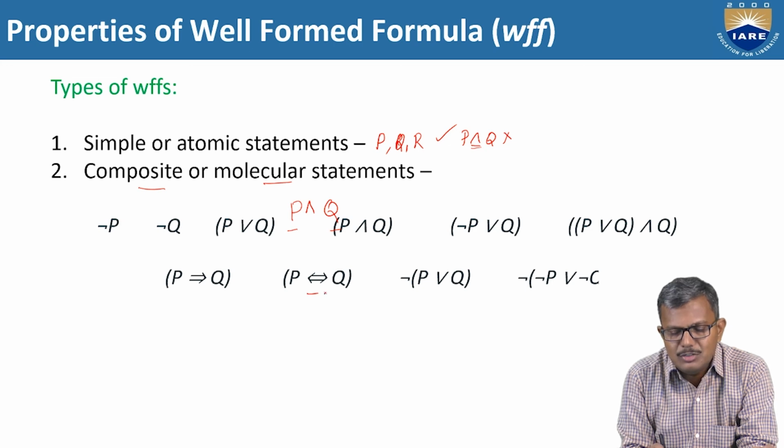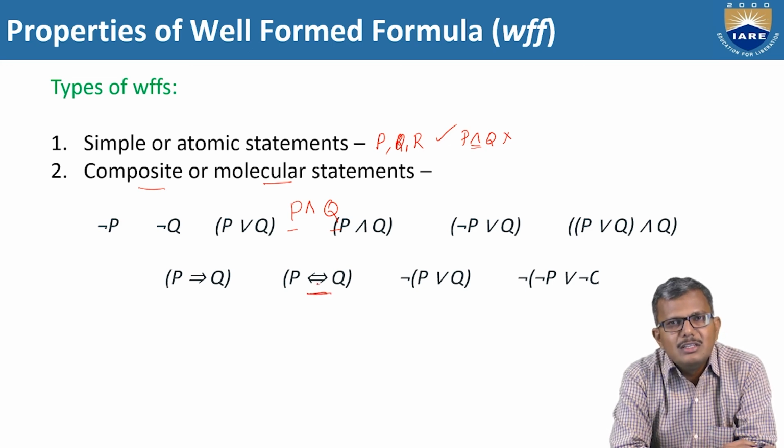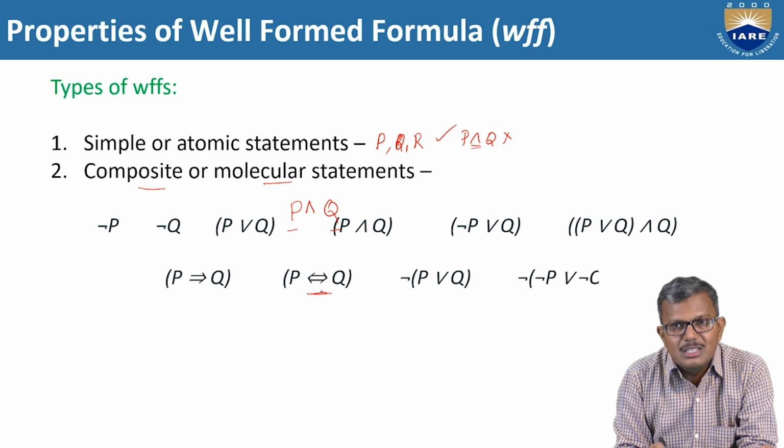Simply by seeing these examples, I cannot say that this is a valid statement. I should give a specific reason for making it a valid statement. So we will take some sentences and see whether they are really valid as per the rules of well-formed formulas.